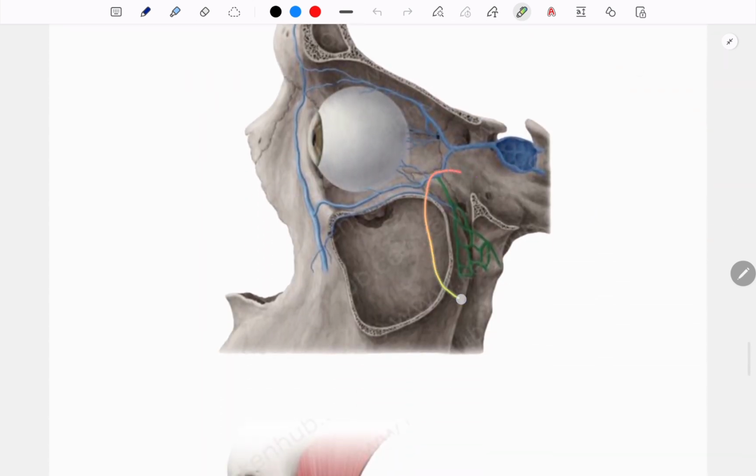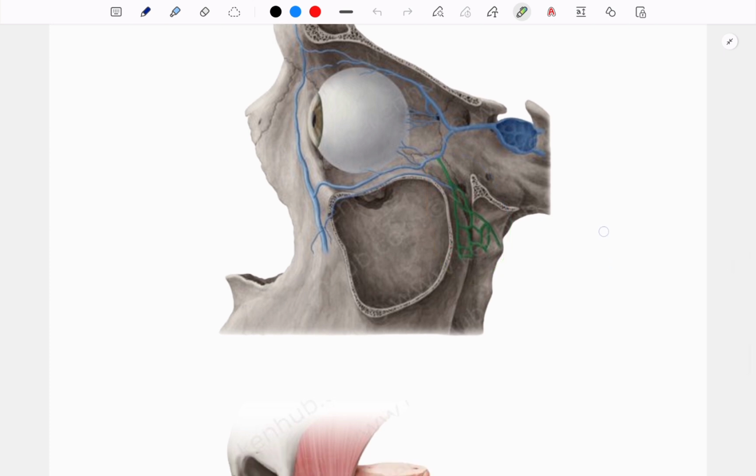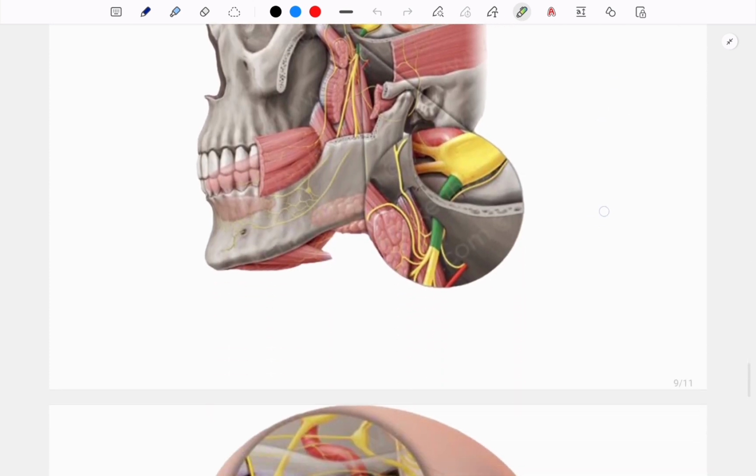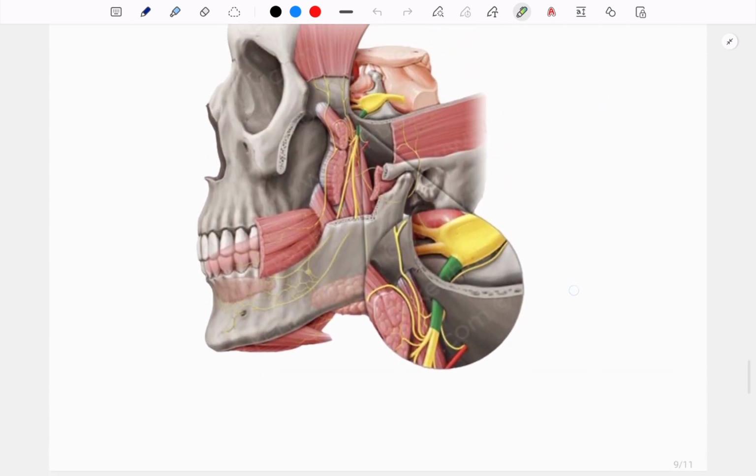Now this green area is the pterygoid venous plexus inside the infratemporal fossa. And here the green area, which is enlarged here, is the mandibular division of the trigeminal nerve, that is the fifth cranial nerve.